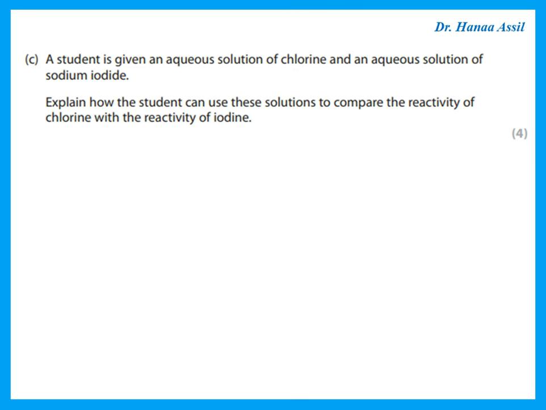Now, how do we use them to determine which one is more reactive, chlorine or iodine? First of all, we start with the aqueous solution of sodium iodide. Can you tell what would be the appearance of sodium iodide solution? Sodium iodide is a compound of sodium, a group 1 metal. We don't have any transition metal, so sodium iodide solution is colorless.